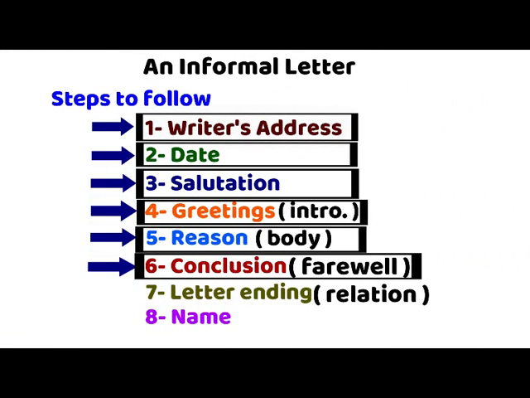The next part is the letter ending. In personal letters, we end our letters by mentioning the relation between the writer and the receiver. So, what is the relationship between the two? Your brother, your friend, your sister, your daughter, your mother.